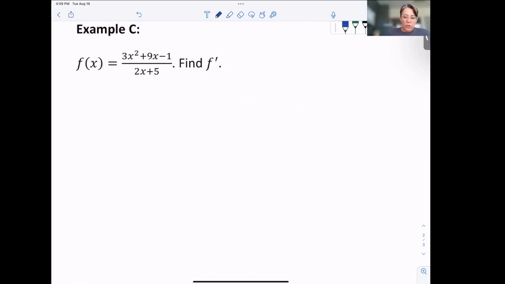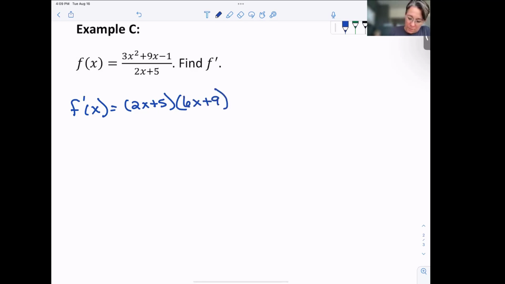So in example C, if we're trying to find the derivative, we're going to take the low function, the 2x plus 5, times the derivative of the upper function, the high function. That would be a 6x plus 9 minus the upper function, as is, 3x squared plus 9x minus 1, times the derivative of the lower function, which would just be 2.